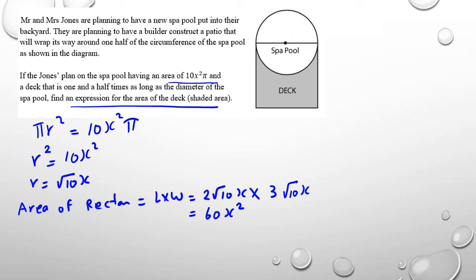Now the area of the disc will be equal to the area of the rectangle minus the area of the semicircle.